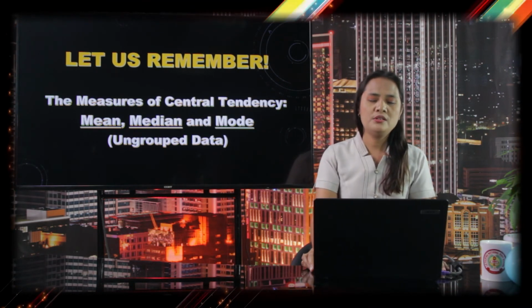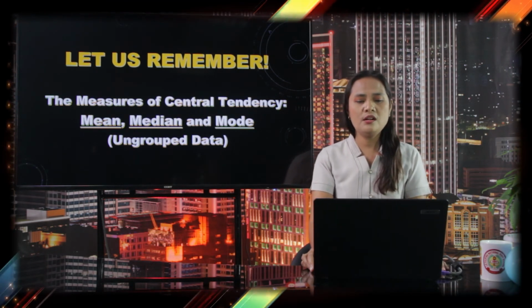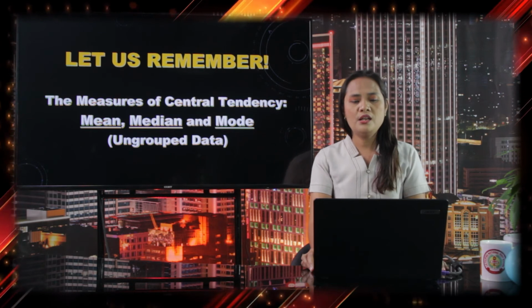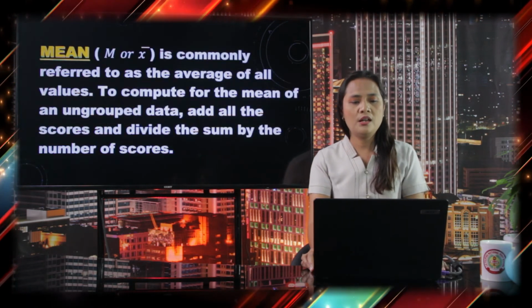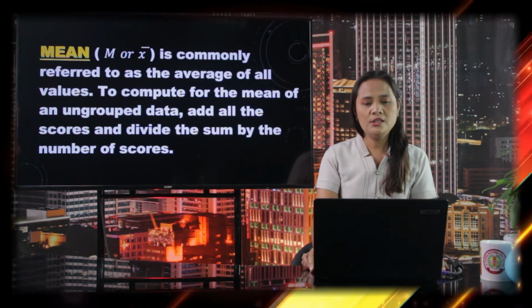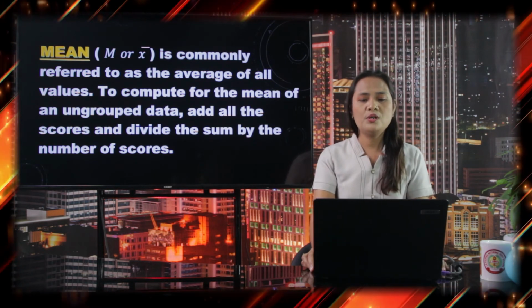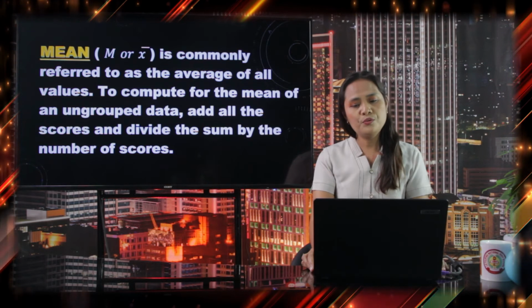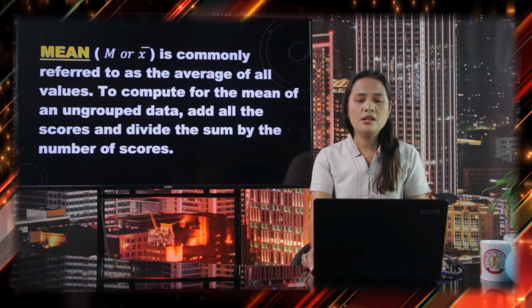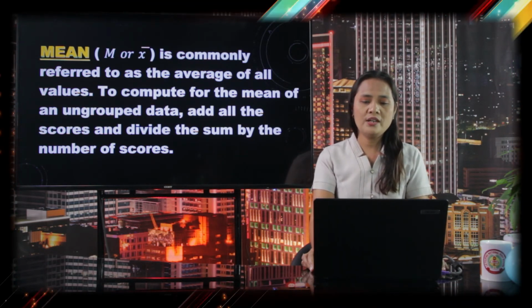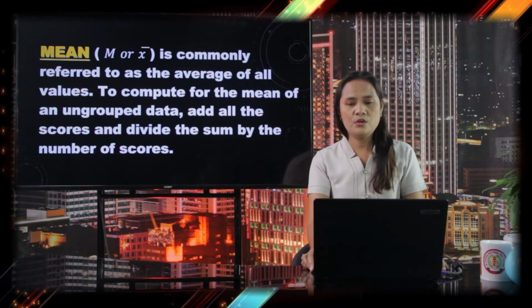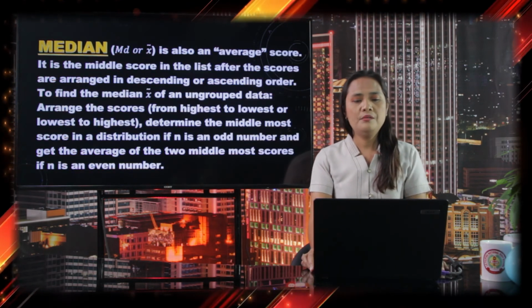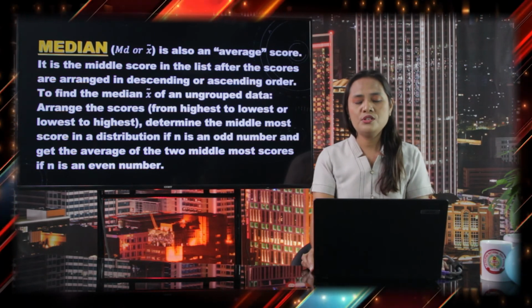Let us remember, the measures of central tendency are the mean, median, and mode of ungrouped data. We have the first, mean. Mean is commonly referred to as the average of all the values. To compute for the mean of the ungrouped data, add all the scores and divide the sum by the number of scores. Median. Median is also an average score.